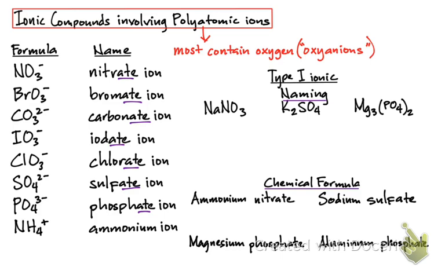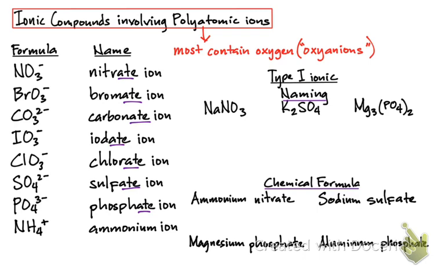So the first one here, we have NaNO3, right? Just like what you learned in the past slides, you would analyze the ionic compound and see if you can separate it into ions, a cation and an anion. One way to name these or even come up with a chemical formula is to see the polyatomic ions as a single unit.